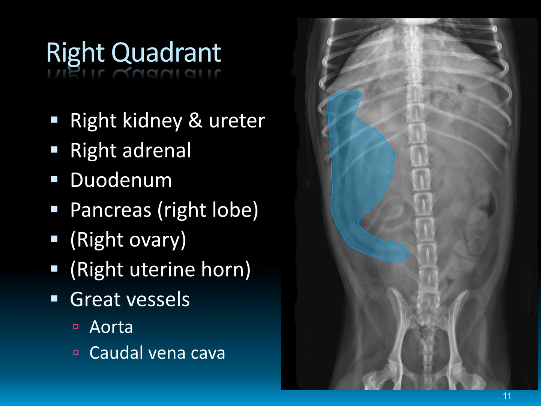Those are fairly easy to find most of the time. The right adrenal often ends up pretty tucked up and under, so that's the most challenging big thing we usually look for on this side. Other things there: right ovary, right uterine horn, if you have an intact female. Again, you're going to have great vessels at the edge of the right quadrant.